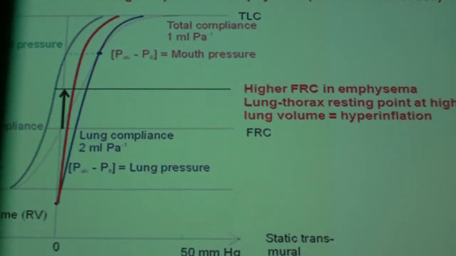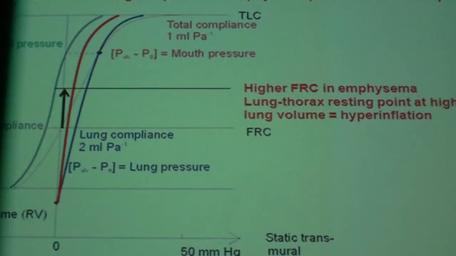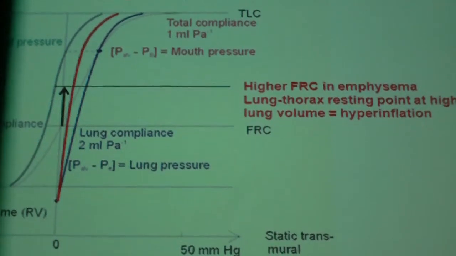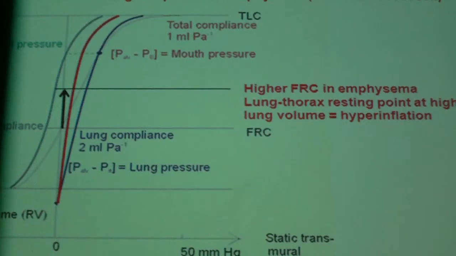Once again? Okay. What we look at is compliance curves of the chest wall, the lung, and the system. Let's just forget the figure, and I'll try to explain it like this. You know what a pneumothorax is?